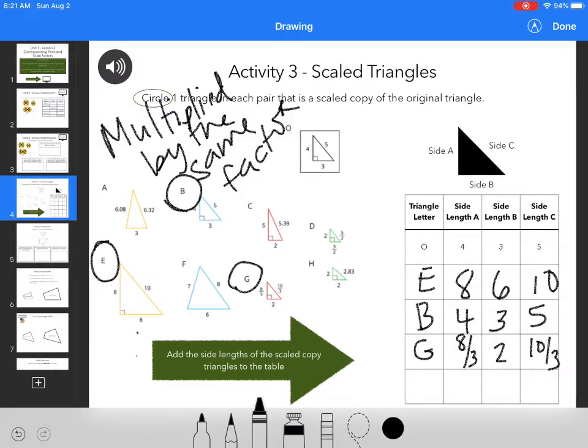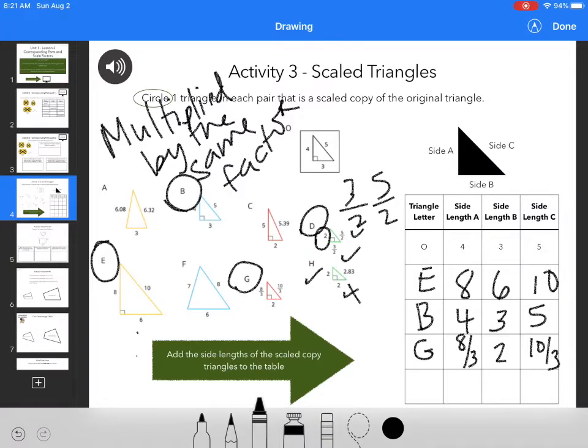All right, and then my last one, same deal. This time they both have right angles. They've got decimals, but when I divide 4 by 2, I get the correct for this side, but 3 divided by 2 is not going to be 2. So now I'm kind of stuck with D, so let's make sure it's right. So 2 divided by 2 is 2. 3 divided by 2, well, that's one way to write it. 5 divided by 2, that's one way to write it.